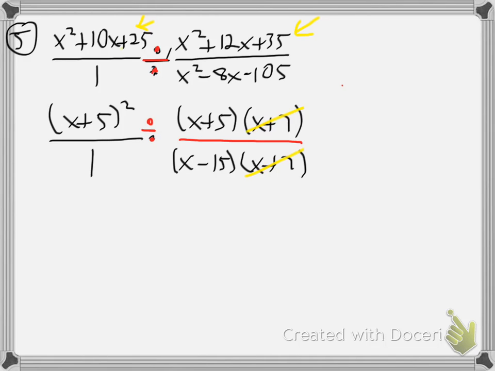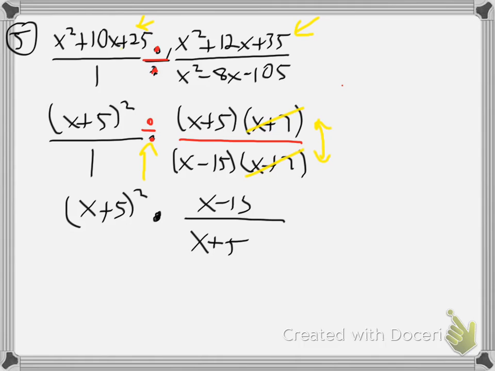That makes it easier. So now remember with fractions, when you're dividing, you have to make a reciprocal. So the top and bottom are going to flip there. So I'm going to rewrite this as x plus 5 squared times, now x plus 5 goes on the bottom, x minus 15 goes on top.